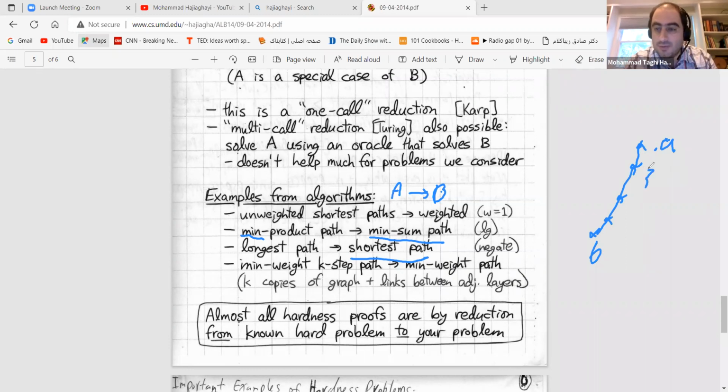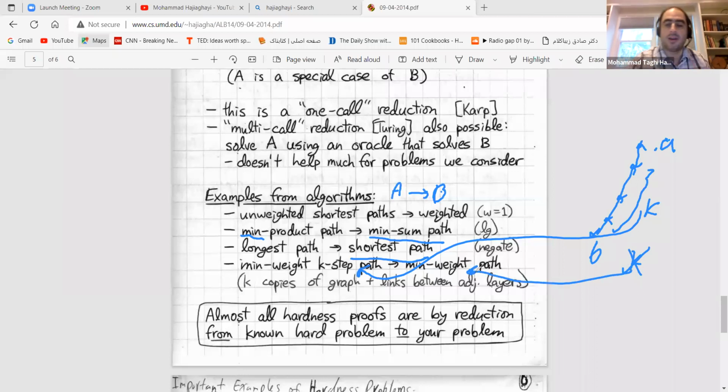It means that the number of edges should be at most k. If we have this restriction k, we get the min weight k-step path problem. If there is no k, we get this one, which is arbitrary.